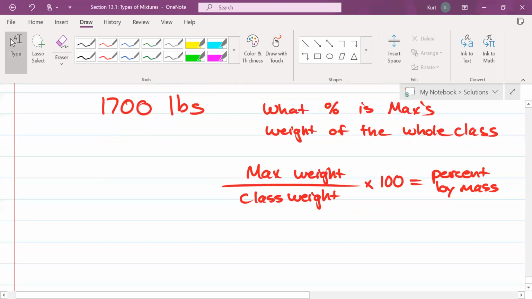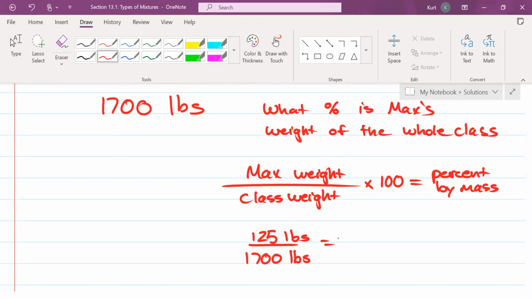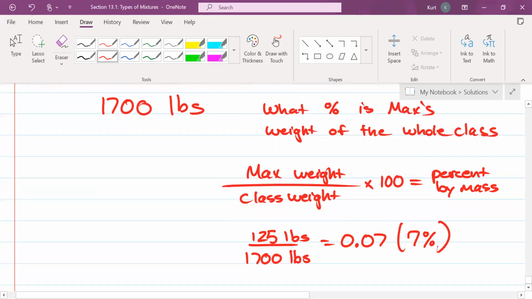So if I did 125 pounds divided by 1,700, it's going to be a small number. .07, which is 7%. Max, if this class weighed 1,700 pounds, you are representative of 7% of this class.